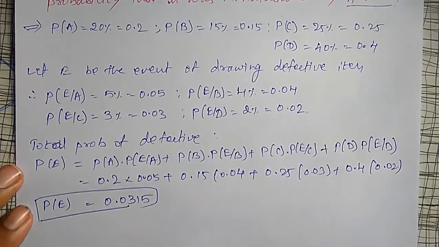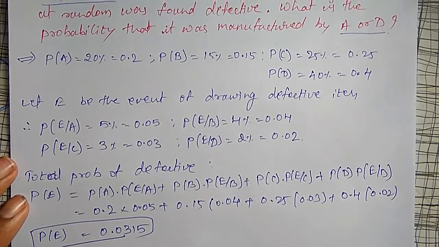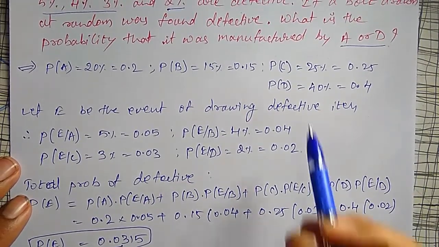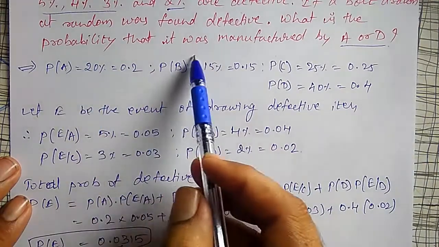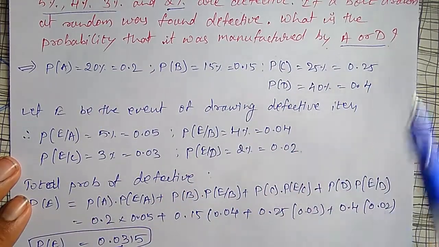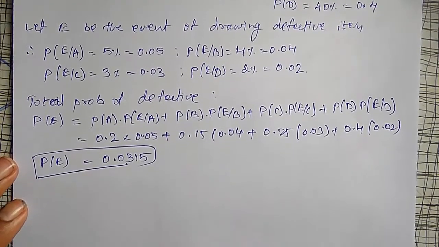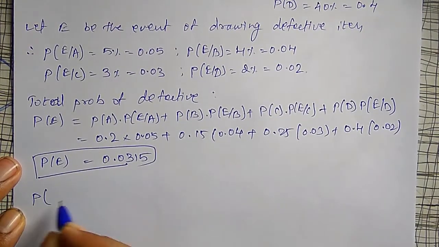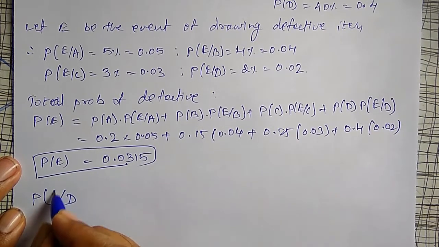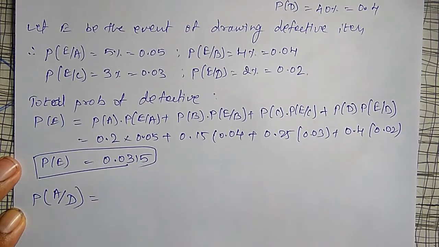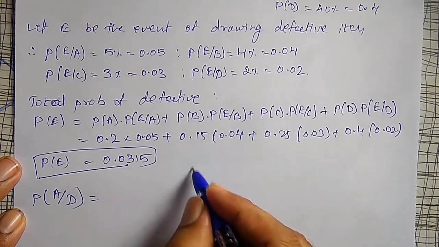Now, what I have to find out here is the probability that the defective item was manufactured by A or D. Okay, first I will calculate the probability that, given defective has been found, it is from machine A. I will calculate using the Bayes theorem.